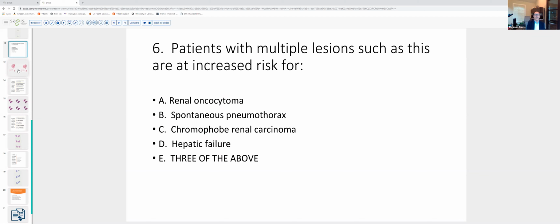These patients are not at risk for hepatic failure, so that's incorrect. And so the correct answer in this case is E, 3 of the above, because A, B, and C are correct. And again, they aren't going to give you questions worded like this on the board exam, but I wanted to make it a little bit tougher because then when you take it, it's going to be easier.